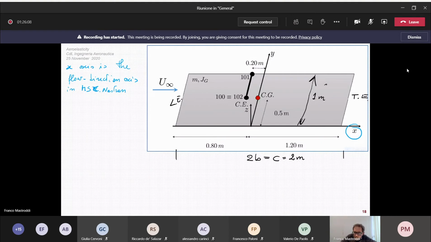This is the span direction, wingspan direction. Okay, so we have the center of mass here, and we have our Y axis on the center of gravity. And we have the elastic center here; the elastic center means that I imagine connecting my spring in the spine with respect to the ground or with respect to the other body. Okay.